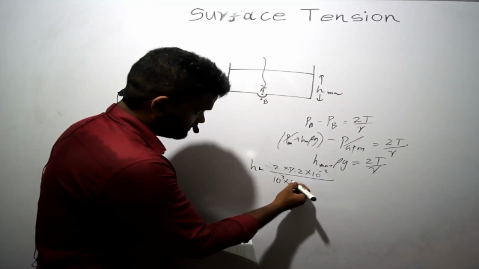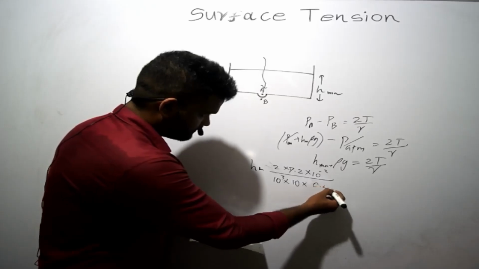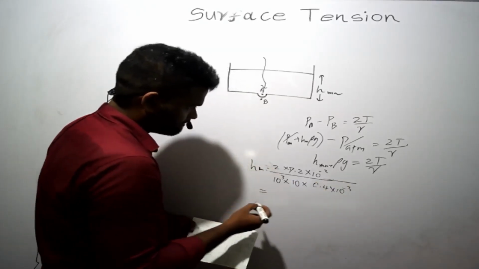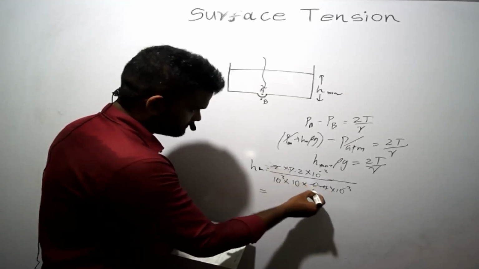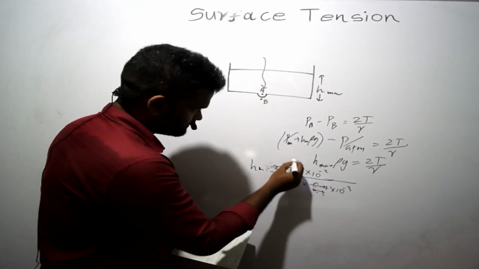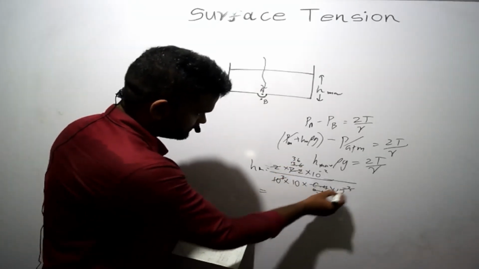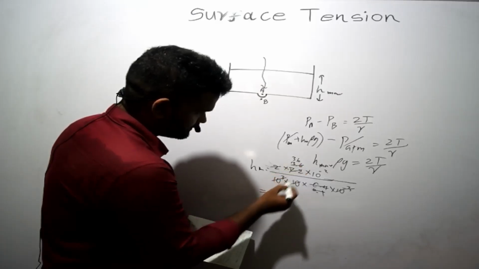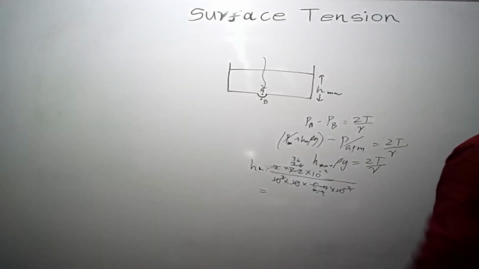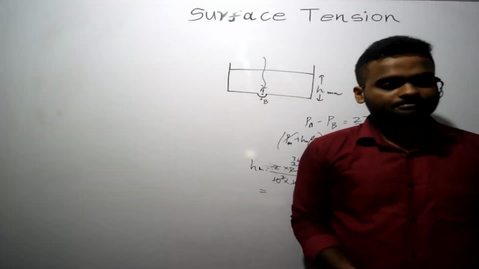Rho, 10, r is what? 0.4. Yeah, centimeters, correct. So it is 3.6 centimeters, right? Yeah, it is correct. Okay.